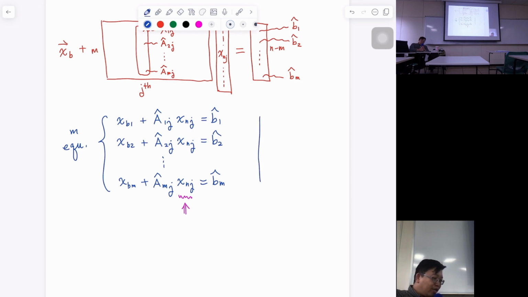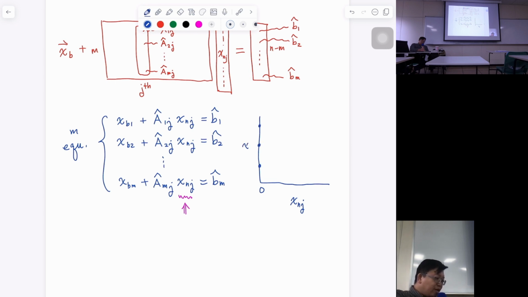I can make a drawing like this, and this is going to be the jth x, and initially xN j is 0, but the xB's, the m of them, they are not 0. So there are several of them.